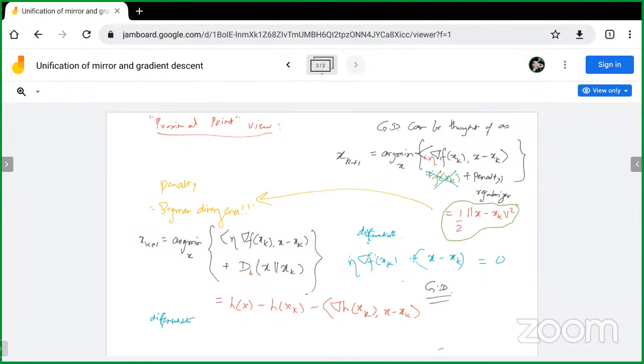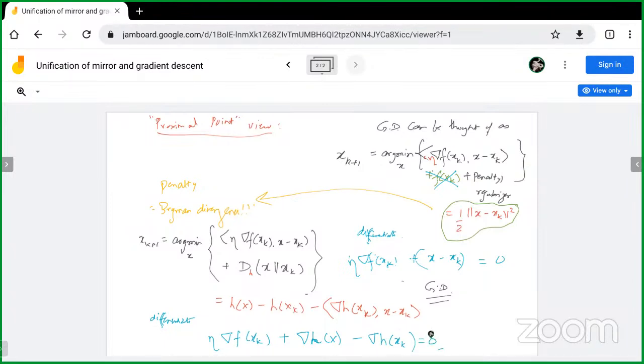I get again eta times gradient of f at x_k plus gradient of h at x, minus gradient of h at x_k. It's just gradient of h at x. And I want to make it 0.